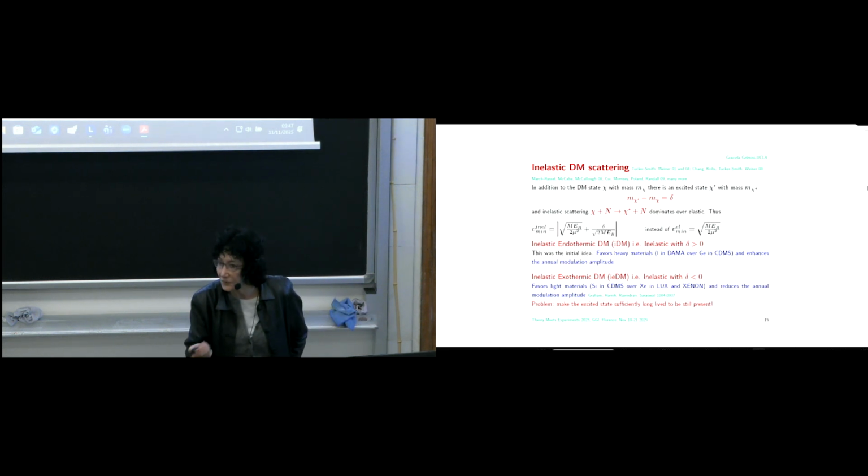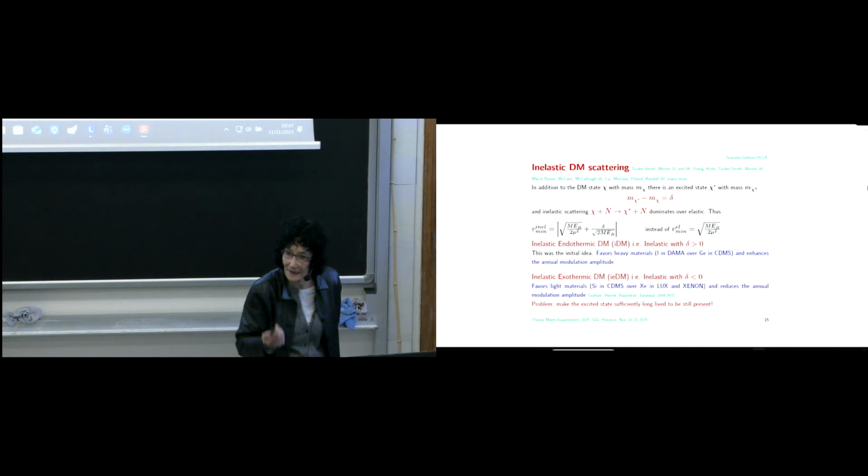And you could actually select or deselect some properties by tuning this delta. If you put delta equal to 0, this is the usual elastic interaction. So this favors heavy materials over lighter, so iodine in DAMA over germanium in CDMS at the time, and enhances the annual modulation amplitude.